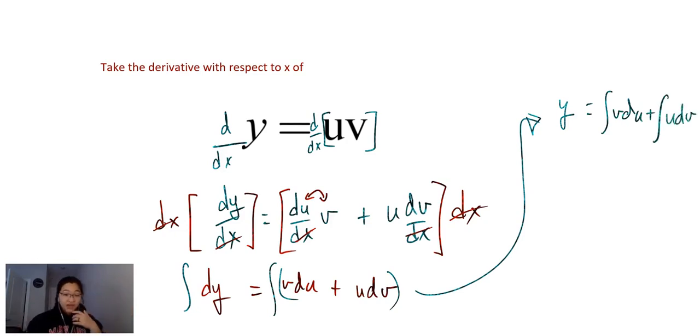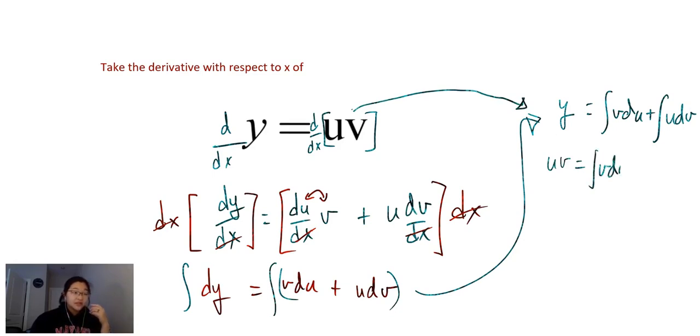Okay, well that's nice. Because what happens if we just subtract a little bit? So, what are we left with? We're left with y equals, and y is uv, right? From our original thing. So y equals uv, and then we have the integral of v du plus the integral of u dv.